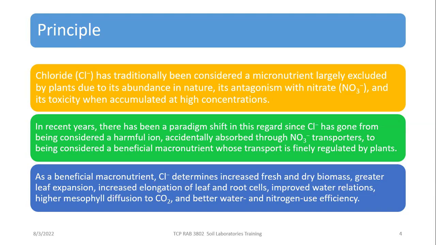Chloride has a very strong effect on fresh and dry biomass. Also, it promotes leaf expansion and elongation of leaf and root cells, and this improves the water relations of the plant. So the presence of chloride is very important for the uptake of water from the soil into plant cells.